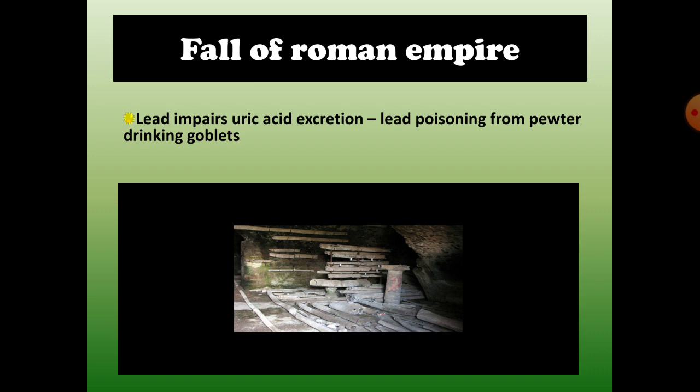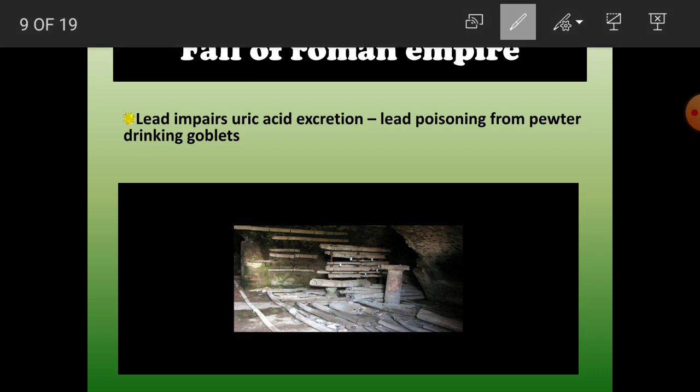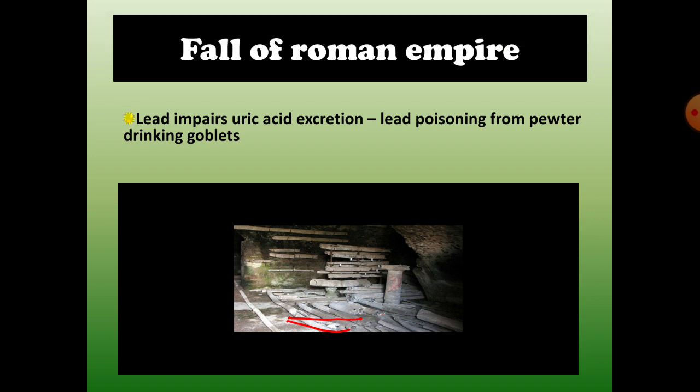So lead poisoning led to hyperuricemia and different morbidities, and that was due to drinking from pewter goblets made of lead. And in the figure shown here, some lead pipes are found underground. So that was supplying the nobles' houses. So probably that was one of the causes of the fall of the Roman Empire.